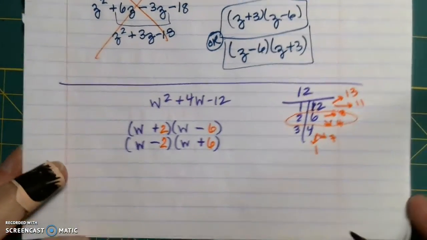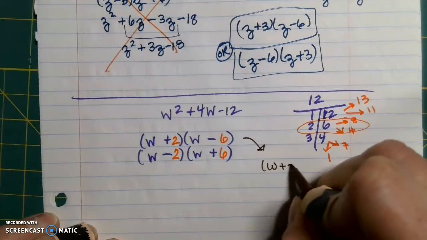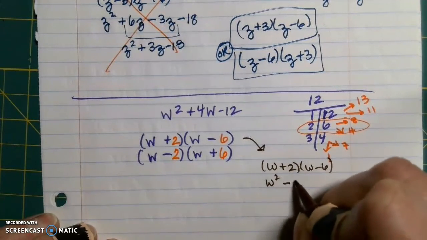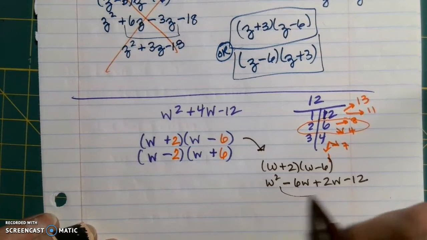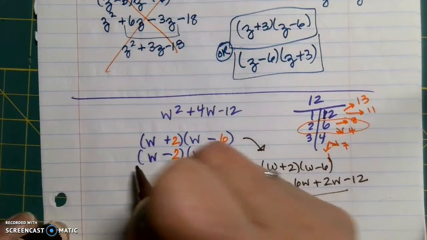So if I look at the top one, the w plus 2, w minus 6, we'll get w squared minus 6w plus 2w minus 12, which will give us a negative 4w for our middle term.